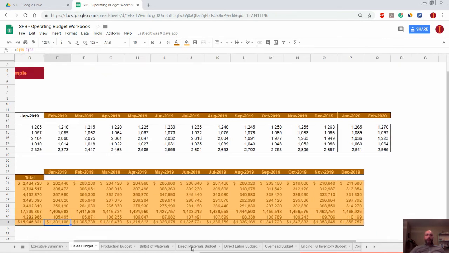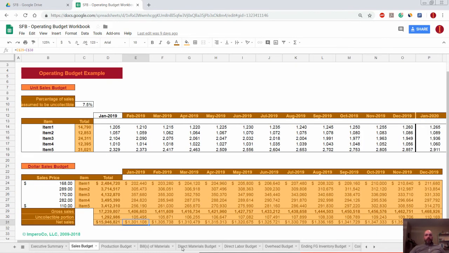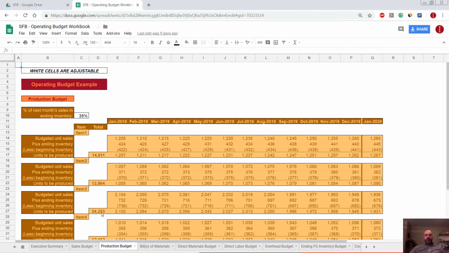Pretty simple, pretty straightforward. So now we know what we plan to sell. Let me say this about the operating budget: I don't want to say complex because it's not terribly complex. It's pretty simplistic, pretty intuitive, easy to follow along with.